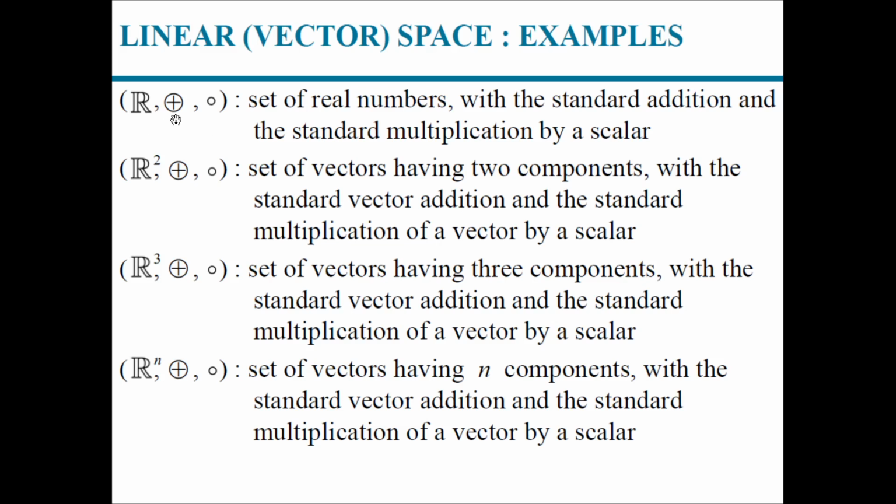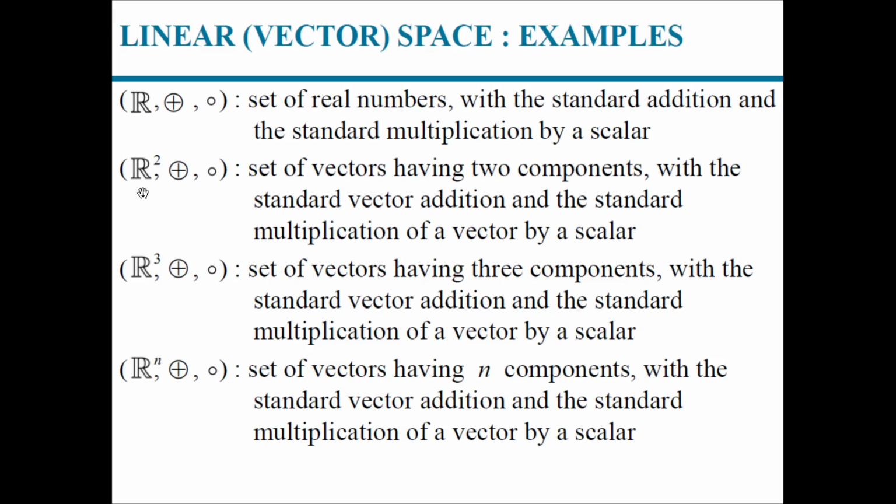So this is some artistic way of identifying the operation of addition of numbers, and this is some artistic way of identifying multiplication by a scalar, by a number, by a constant. So basically real numbers with standard addition and standard multiplication by a number, that's a linear space.